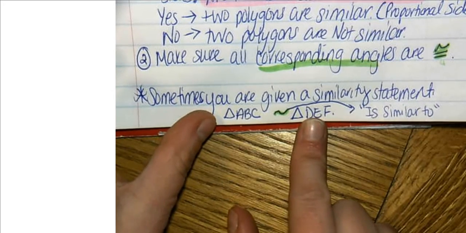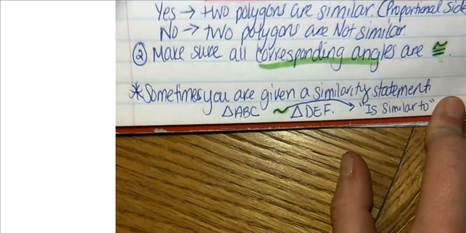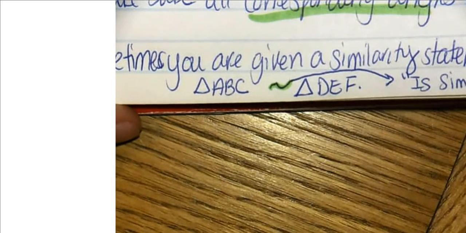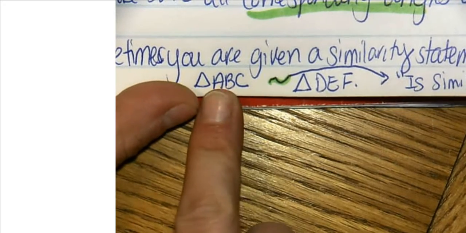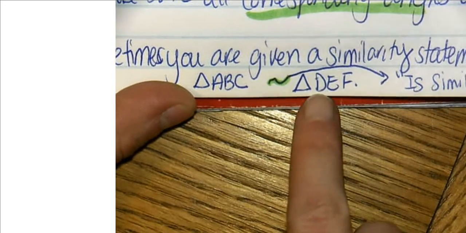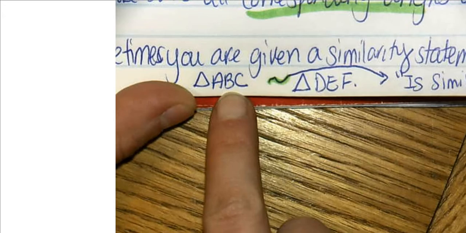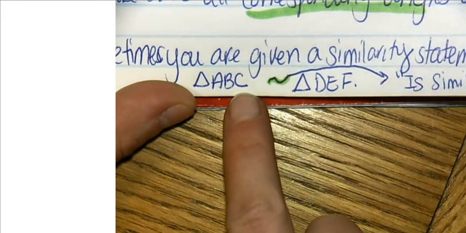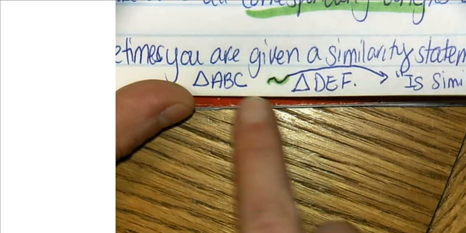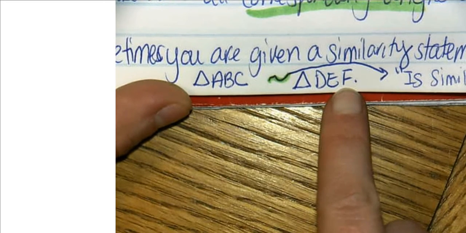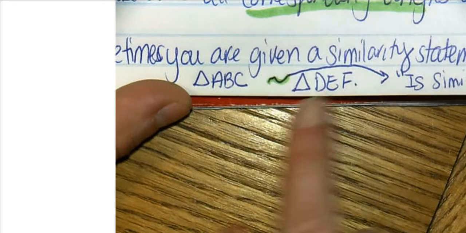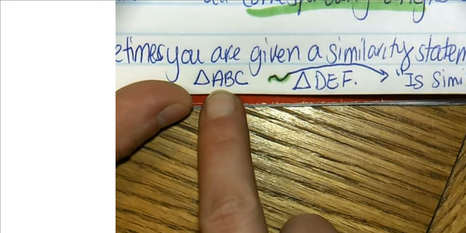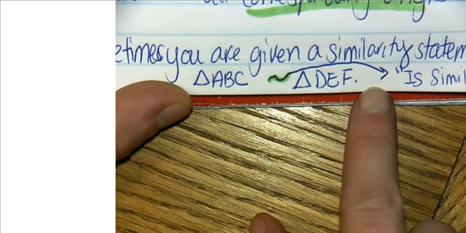Now, what's really cool is we've already learned about this before. In a statement, it's all about matching. Angle A would still be congruent to angle D. Angle B would still correspond with angle E, and they would be congruent. Angle C would correspond with angle F, and they would be congruent. But your side lengths, like AB, would not be congruent to DE.